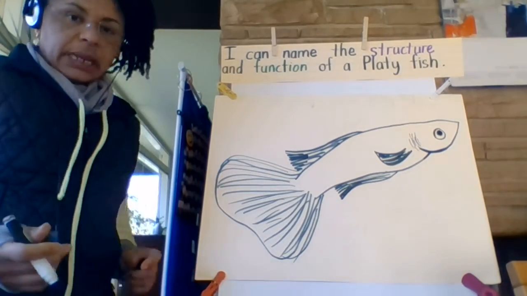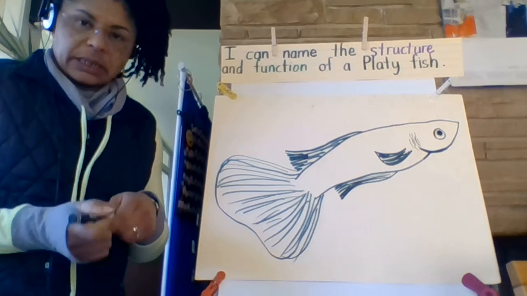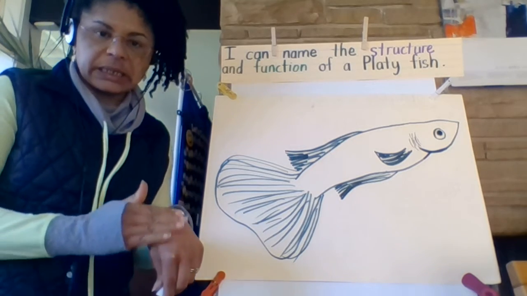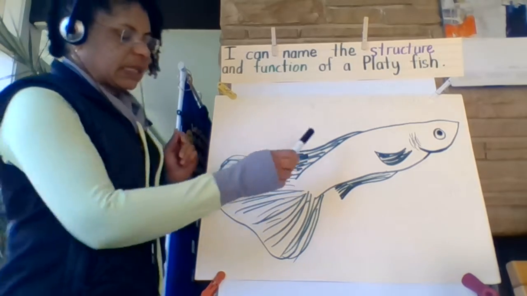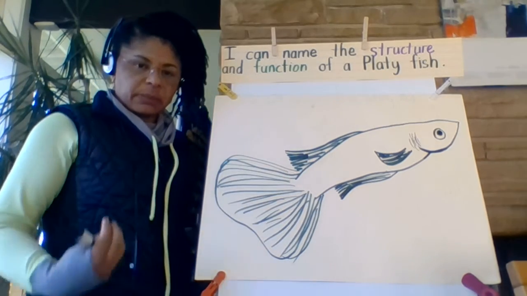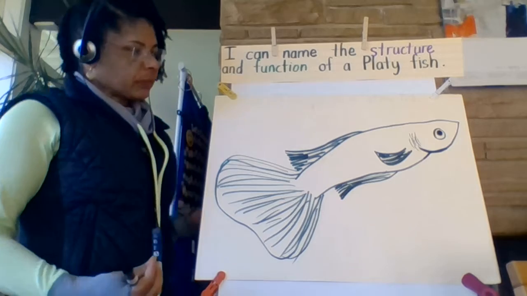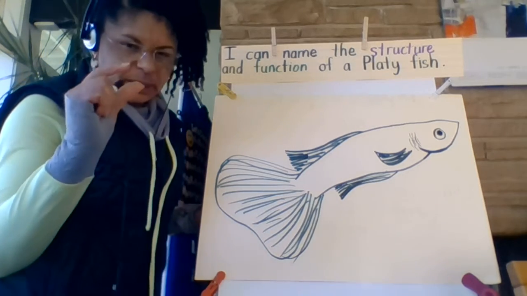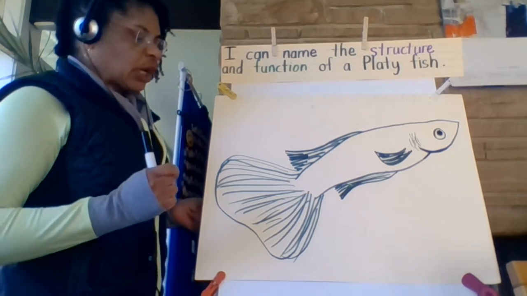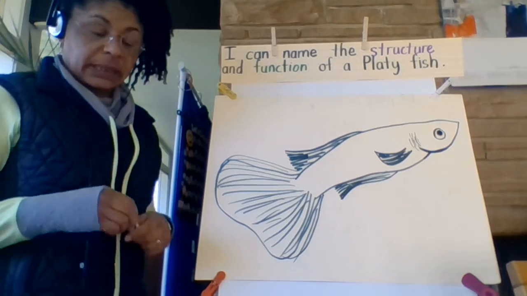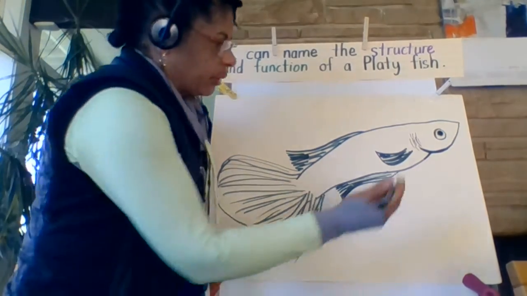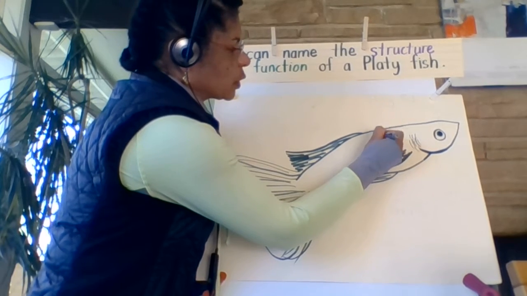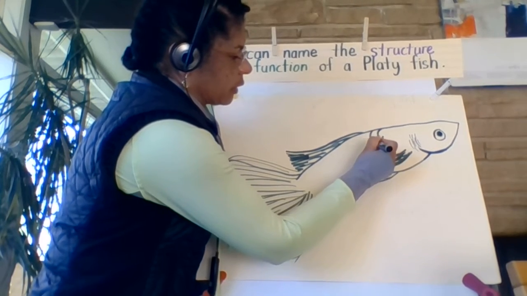And now, in the same way, we have skin to protect our body. They have a skin cover with some special, tiny little things called scales. And those scales protect their body. So I'm going to use curvy lines to draw the scales.